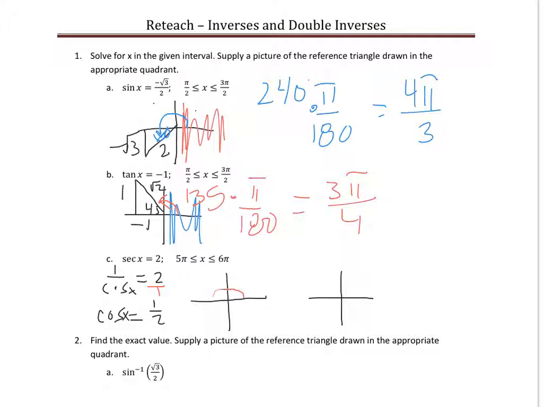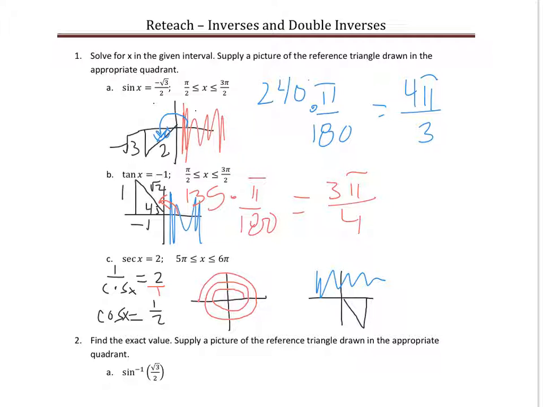So this would be pi, this is 2 pi, this would be 3 pi, 4 pi, 5 pi. So now I know that in my coordinate grid it has to be one of these two below. And since cosine is positive, all sad turtles cry, this is where cosine is positive, this is where I'm going to draw my triangle.